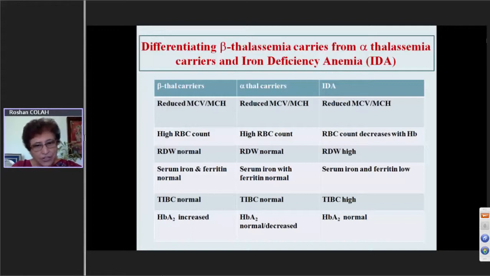The serum iron and ferritin are normal in the thalassemias. They will be reduced in iron deficiency. TIBC will again be normal in the thalassemias and high in iron deficiency. And lastly, it is the A2 which will differentiate between all the three. The A2 is increased in beta thalassemia. It's either normal or reduced in alpha thalassemias, and it will be normal or slightly reduced in iron deficiency as well.